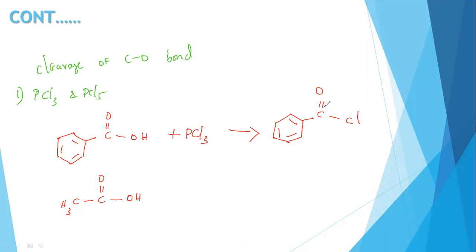We have studied the COCl group; we are speaking about acid chlorides. Whenever your carboxylic acid reacts with PCl3 or PCl5, it will end up with the carboxylic acid chloride.